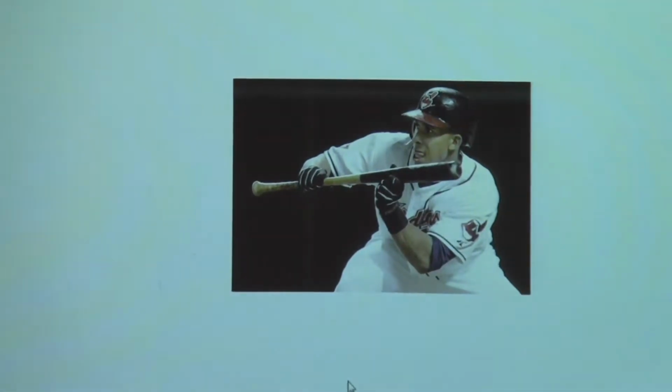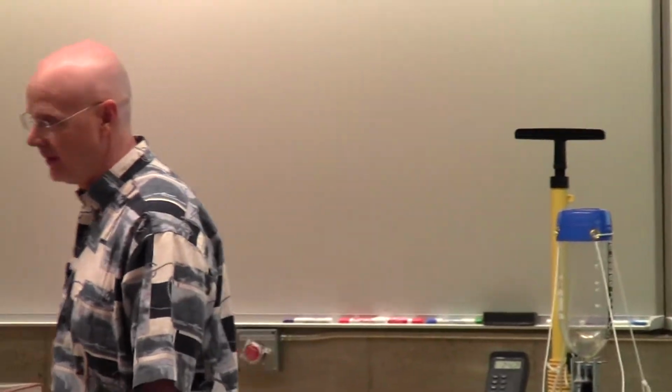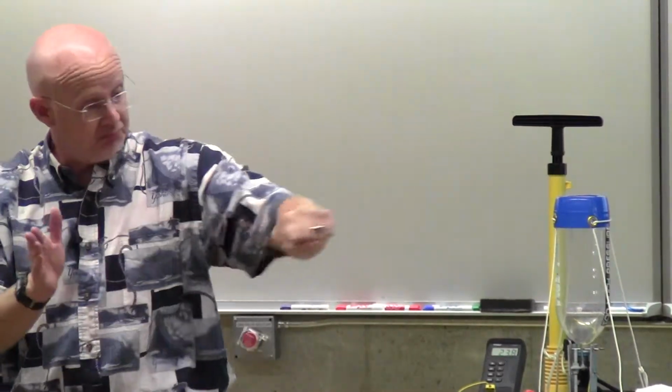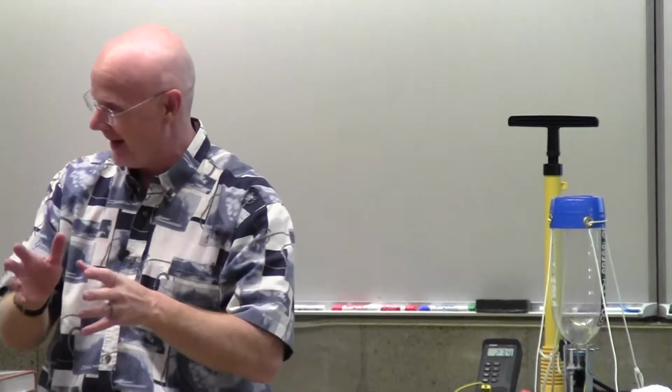how do you bunt a baseball? How do you take a fast pitch and slow it down? Yeah, here comes the baseball. And if you hit something solid, it would just bounce off and go straight back, right? And of course, if the bat's swinging into it, it goes off faster. But what if the bat is soft? Well, not the bat itself, but the person holding the bat softly.